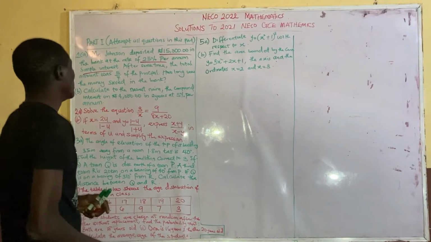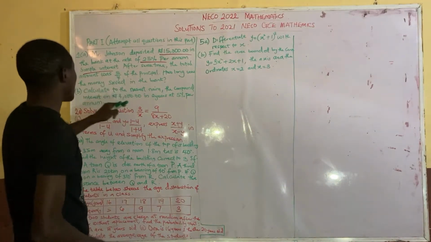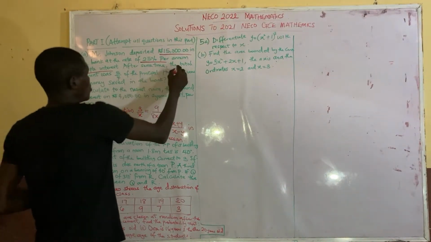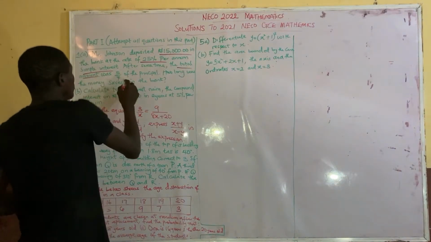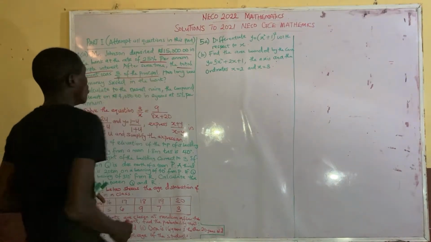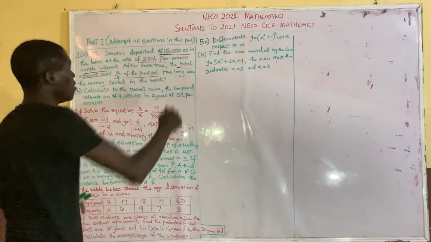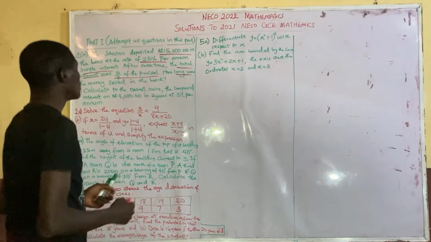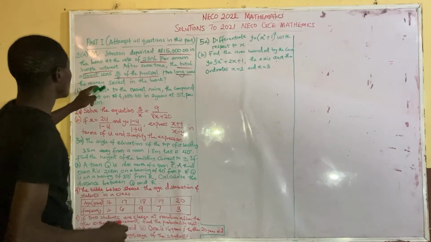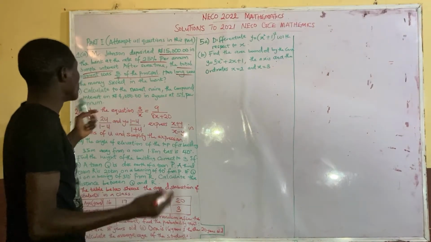After some time, the total amount was 5/4 of the principal. How long was the money saved in the bank? If you are asked to calculate time, how do you go about it?